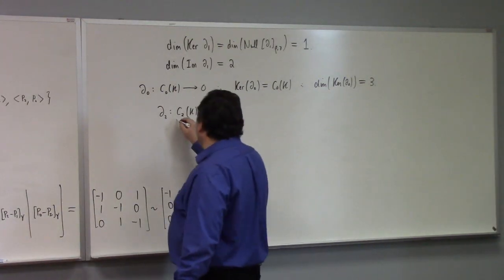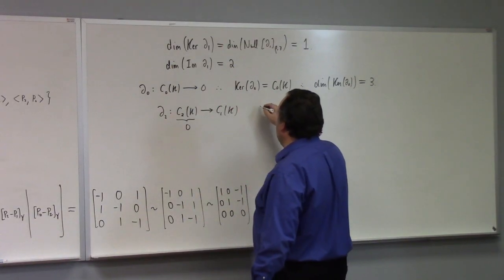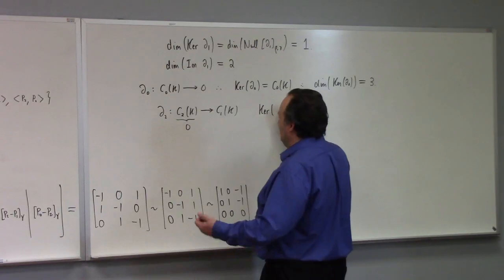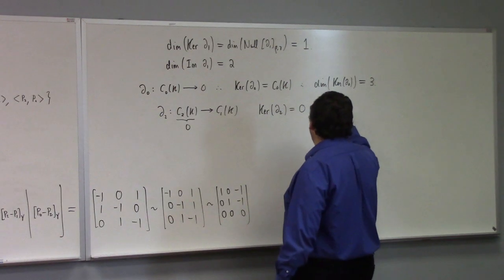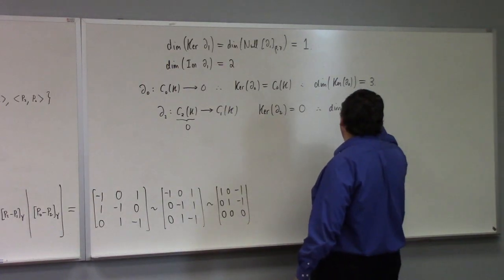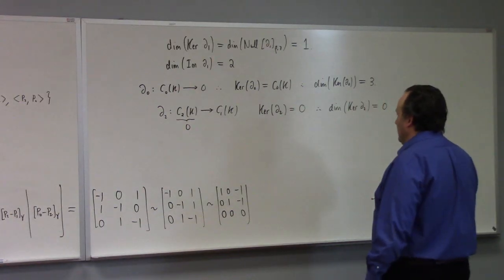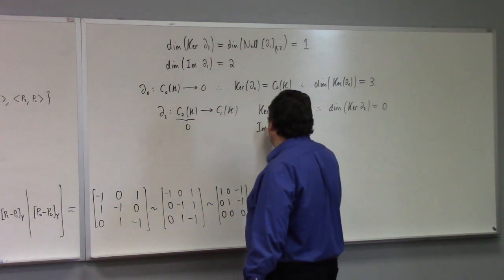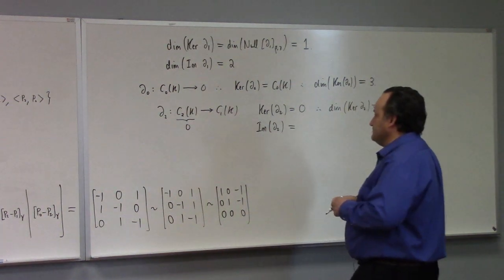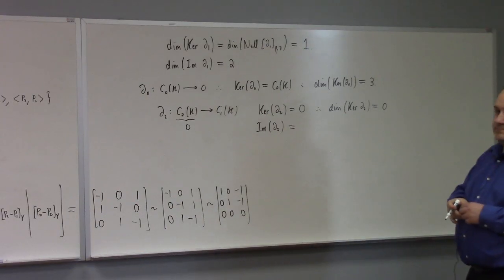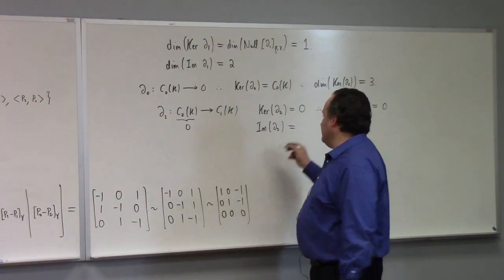So the kernel of the boundary 2 operator is 0, and the image of the boundary 2 operator is also 0 because there's nothing to map.